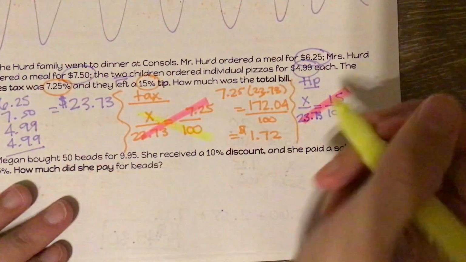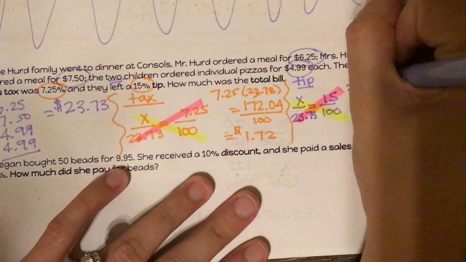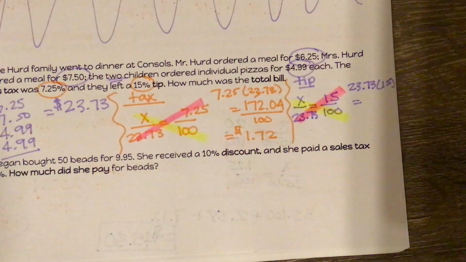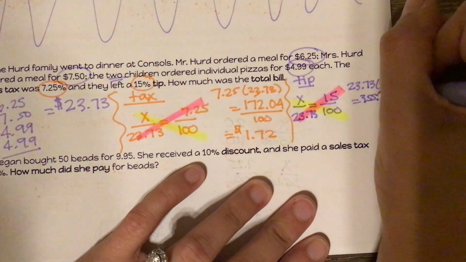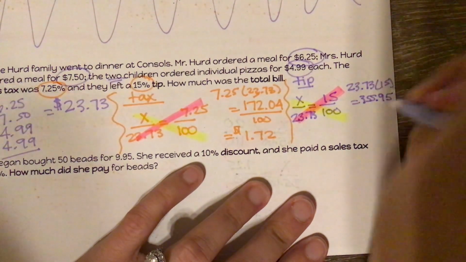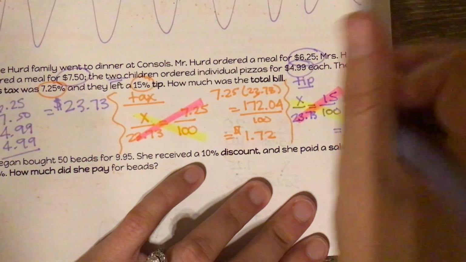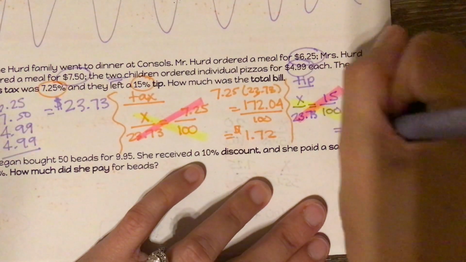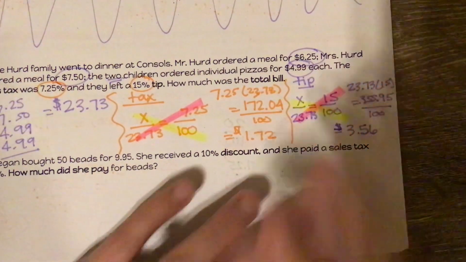So we've got our percent proportion set up. I'm going to multiply 23.73 times 15, which equals 355.95, and dividing by 100 gives us $3.56 when we round.